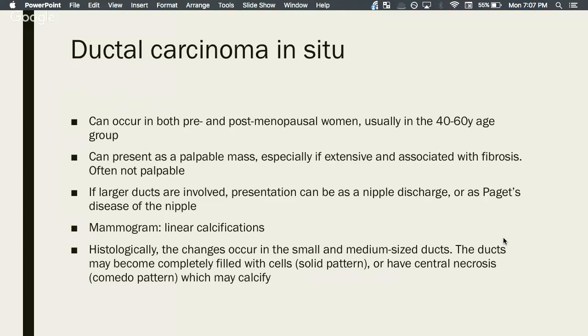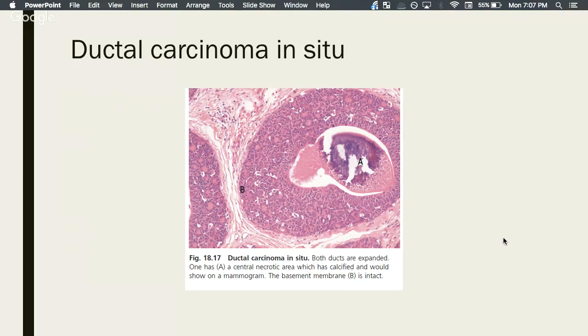On mammogram, you have linear calcifications, and on histology, you have small and medium-sized ducts that can have central necrosis, calcification, or just appear solid. So that's your area of necrosis and calcification.